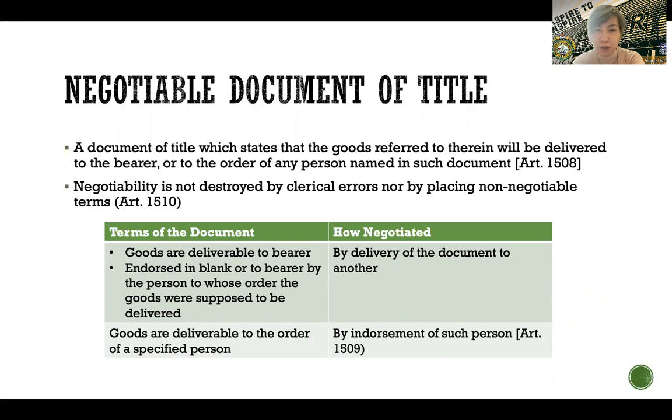The bearer here can either simply deliver the document of title, or endorse it in blank, or to bearer by the person to whose order the goods were supposed to be delivered. If the document of title is negotiable to the order of a specified person, then that specified person must endorse it in order to further negotiate the document of title.